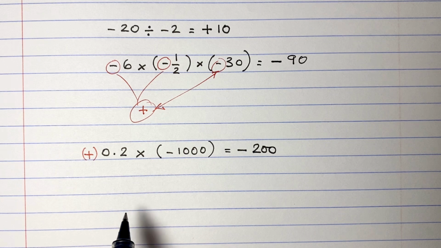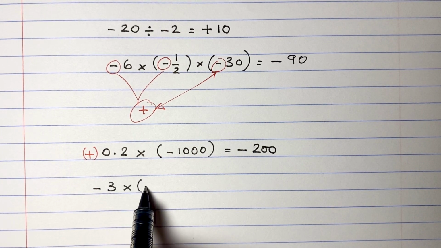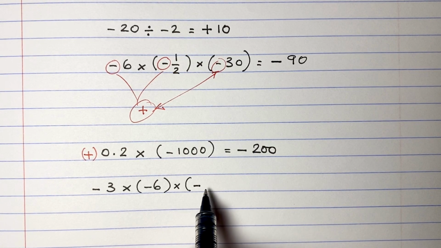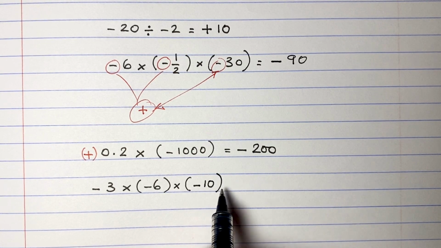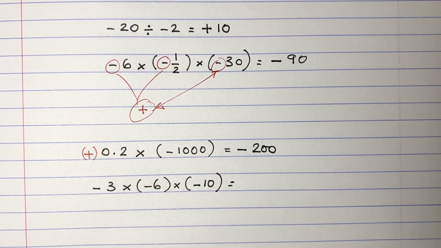Another one. Minus 3 times minus 6 times minus 10. Three signs being multiplied.